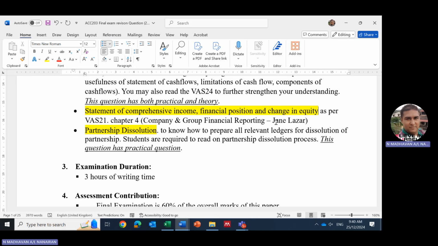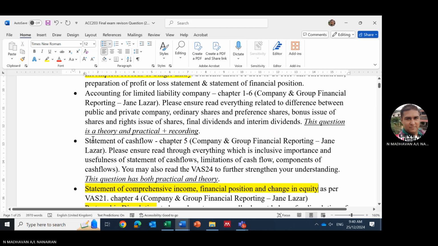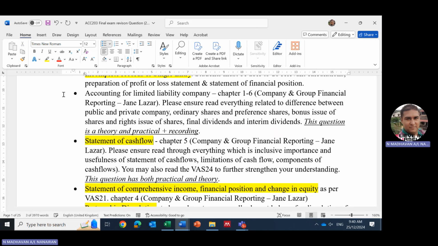Next, you have a question on the statement of cash flow. Personally, in the whole 5 questions, statement of cash flow is the most difficult. But if your accounting is strong, then cash flow is very easy.